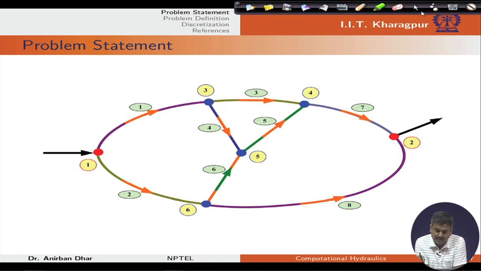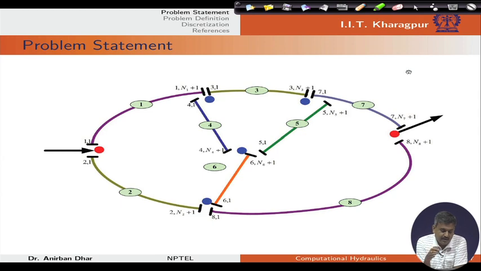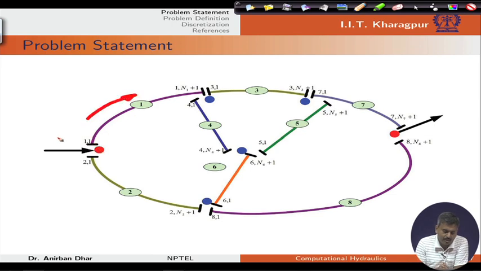Now, in this case let us consider the individual channel reaches. If I consider 1, because I have considered that the flow is from node number 1 to 3, the first node should be 1 1.